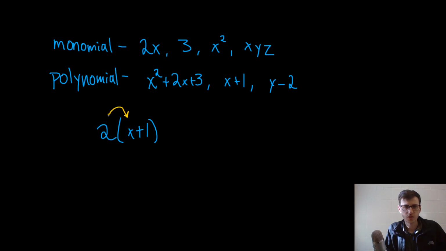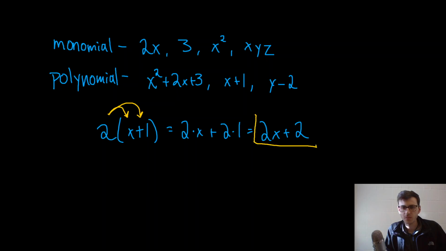This is something that hopefully looks somewhat familiar to you. 2 times x plus 1 is 2 times x plus 2 times 1. 2 times x is 2x, and 2 times 1 is 2. So when I'm done multiplying, that answer would be 2x plus 2.